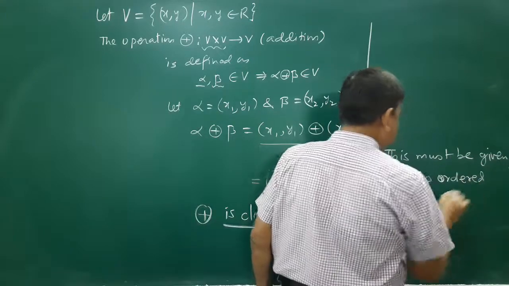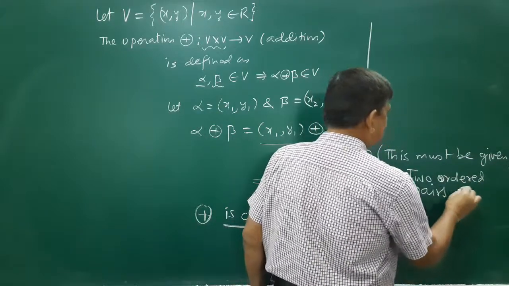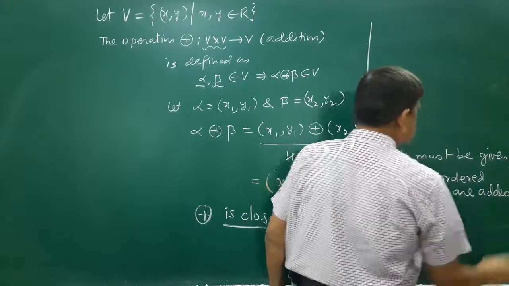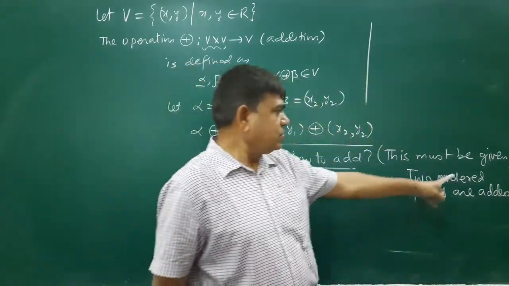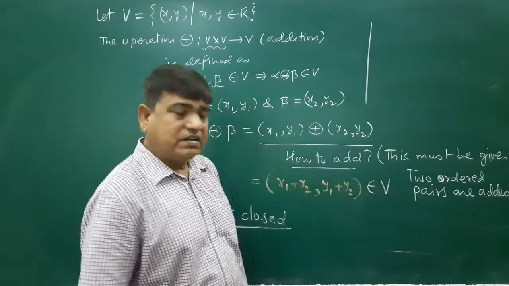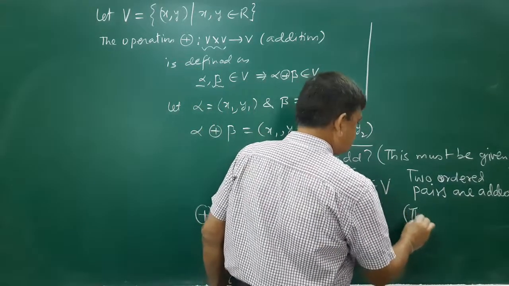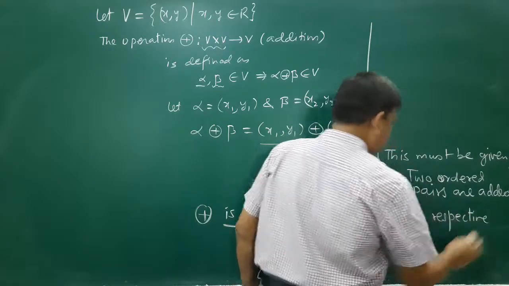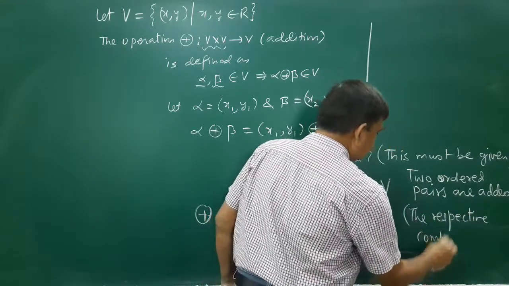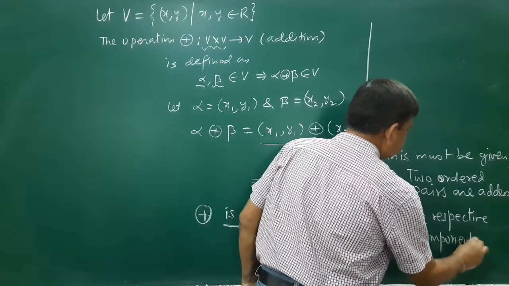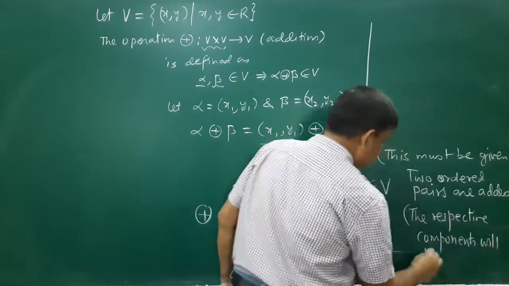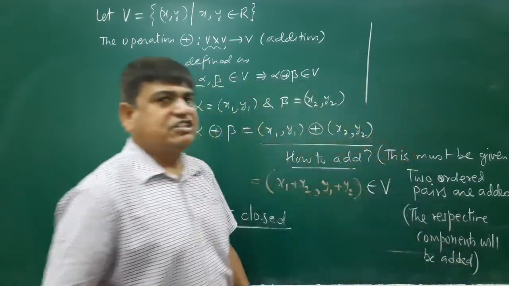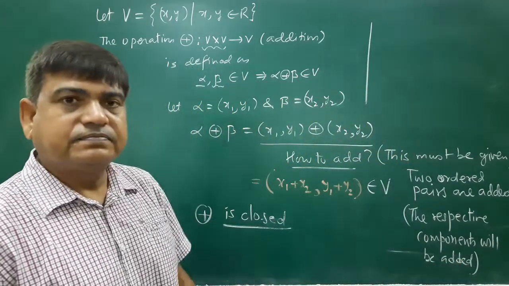Two ordered pairs are added. How to add? The respective components will be added.